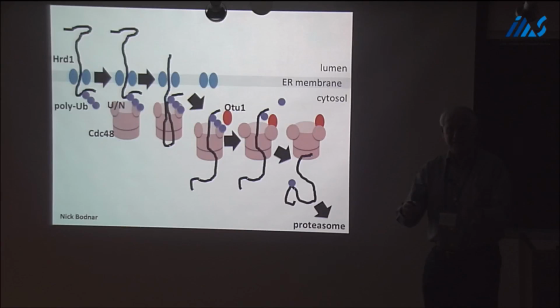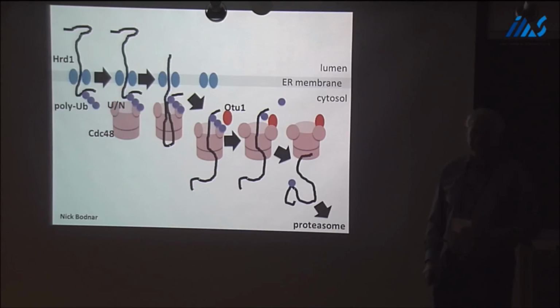So as long as the substrate is still not released, OTU1 cannot do anything. Once it's released from the membrane, the whole complex, then OTU1 starts cutting back the ubiquitin chain. Once the ubiquitin chain is short enough, then it will be pulled through the CDC48 complex.